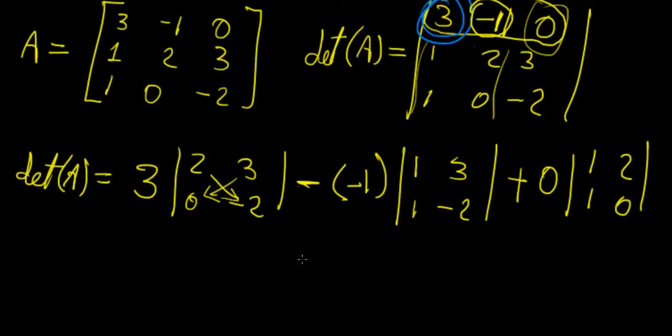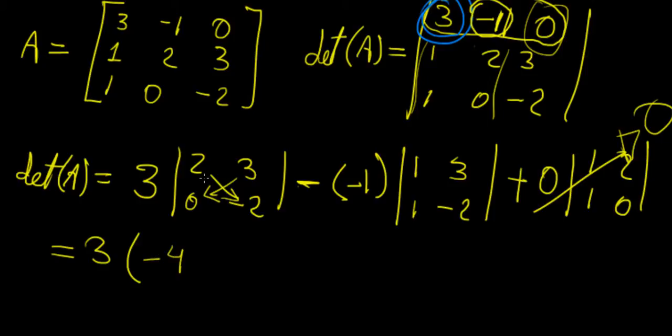Now just to remind you that basically we can perform this operation first before we multiply, because the determinant is just a single number. So we can perform the multiplication later on. So let's see what we get from this. Well, from this we get 0, of course. And from this we're going to get 3 times, so 2 times minus 2, that's going to be minus 4, minus 3 times 0, that's 0.